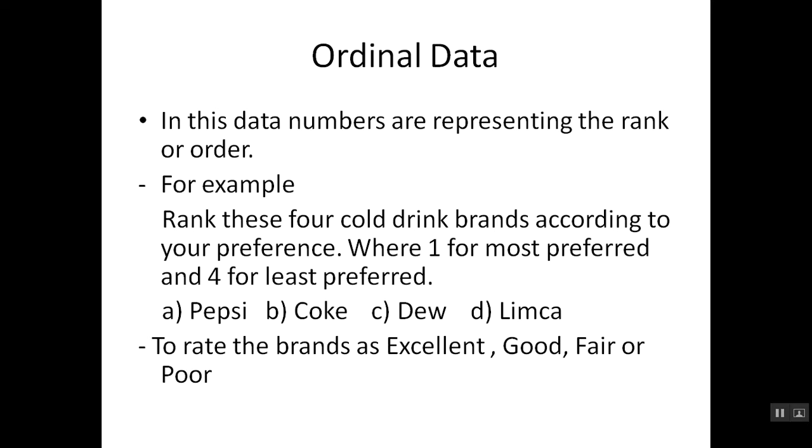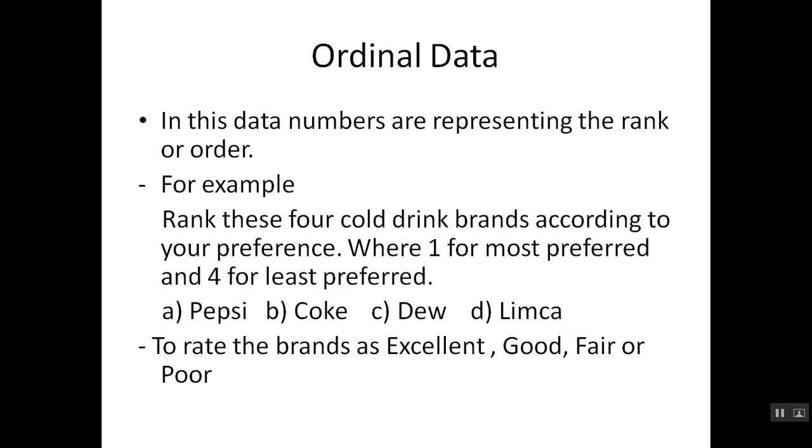Now for him, Pepsi is at number 1 according to his preference, but there is not much difference between Coke, Dew and Limca. He is saying that all 3 are the same for me, but if you want me to rank them, I am ranking them: Coke as number 2, Dew as number 3, Limca as number 4.